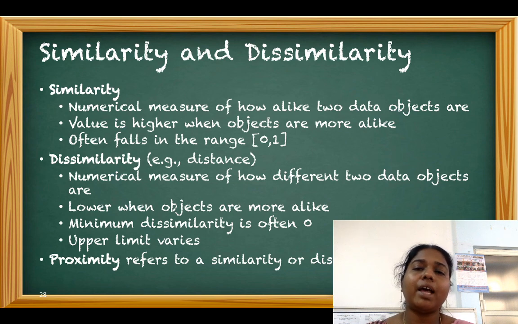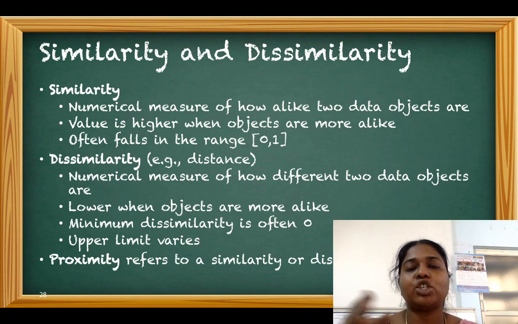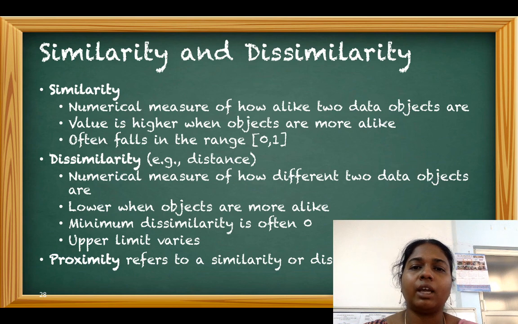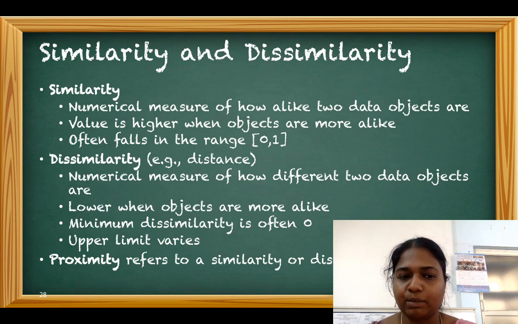And if the dissimilarity is very high, it means they are very different from each other. So I can put them inside a range of 0 to 1. 1 gives a value that they are very similar or exactly the same, and 0 indicates that they are exactly the opposite. Okay, so such is called similarity and dissimilarity.